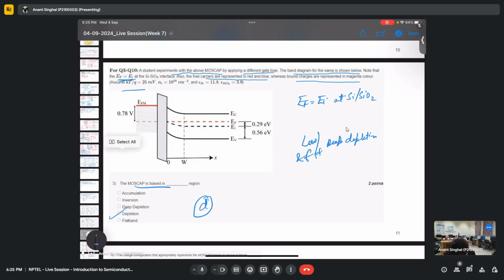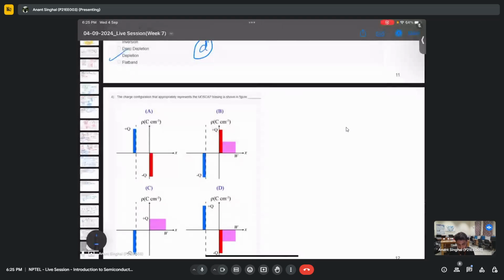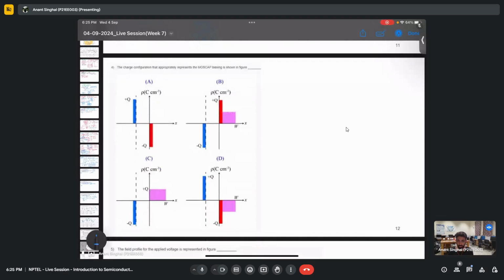So let's move ahead. The charge configuration that approximately represents the MOS cap biasing is shown in which figure? So yeah, this is good. Maybe you will get a very good idea if you are able to understand this. So take your time, very quickly, and let me know the answer. Yeah, maybe I can make this clear.